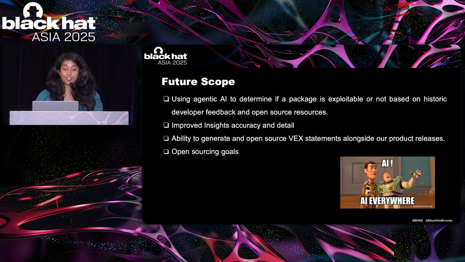With that, we also want to improve insights accuracy and detail. Another goal is to generate open source VEX statements along with our product releases. Right now, we just give it to our customers upon request, but the idea is to ship VEX embedded SBOMs with our product releases.